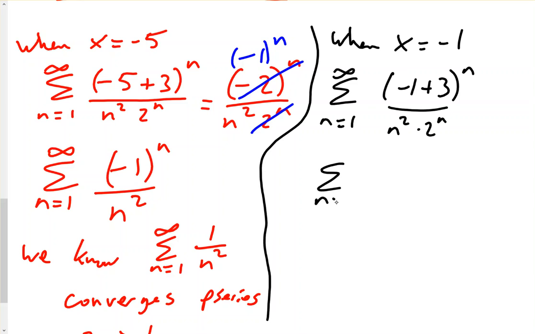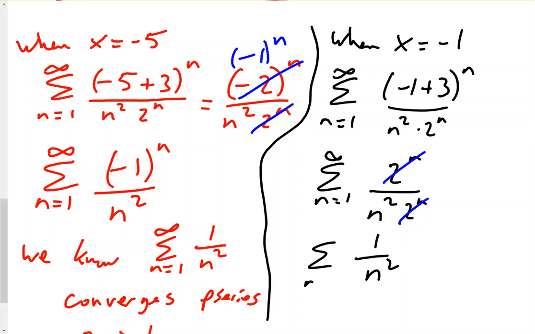This simplifies: negative 1 plus 3 is 2 to the n over n squared 2 to the n. The 2 to the n's will cancel, so we have the summation of 1 over n squared.